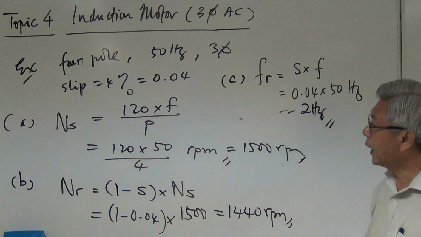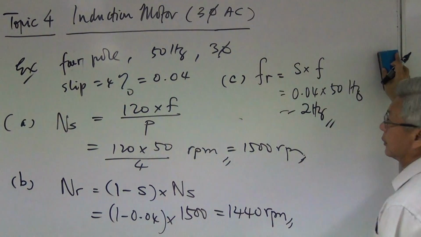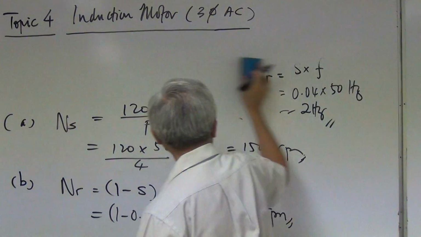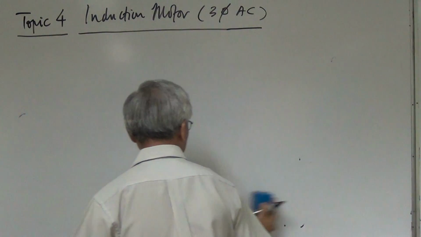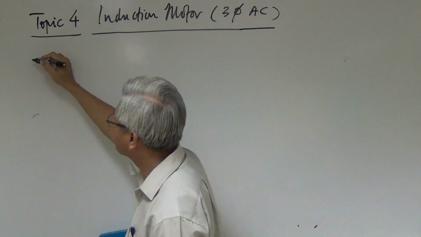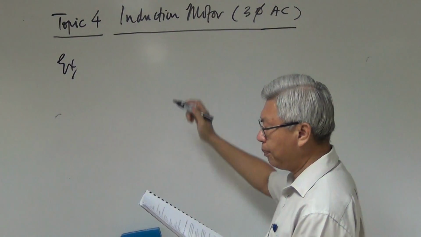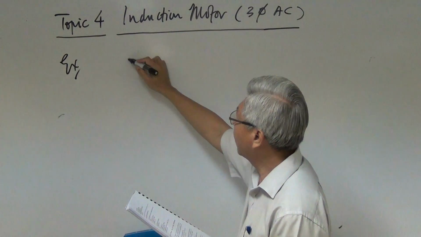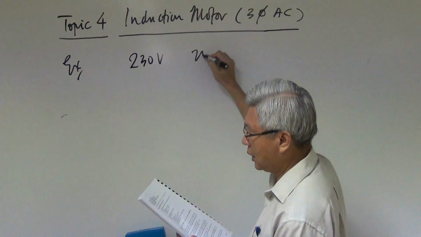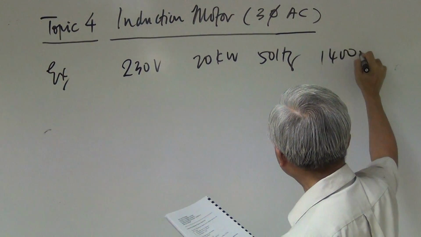Right, let's look at another example. The nameplate of a three-phase induction motor indicates 230 volts, 20 kilowatt, 50 hertz, and 1400 RPM.